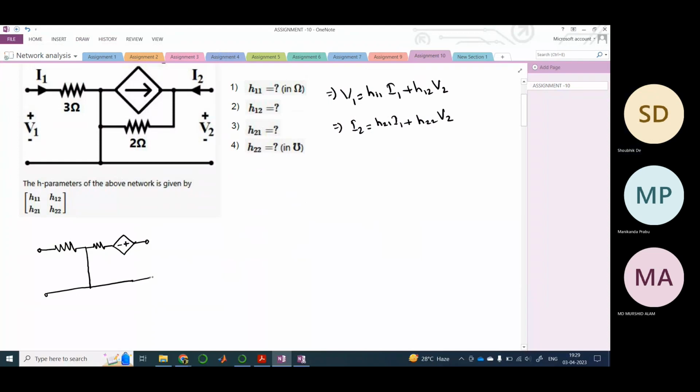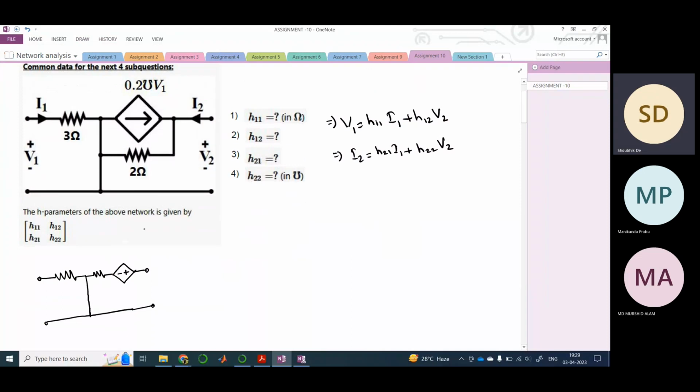So this would be 2 into 0.2 V1, that is 0.4 V1, and this is 2, this is 3, and this is V1, this is I1, this is I2, and this is V2, right?